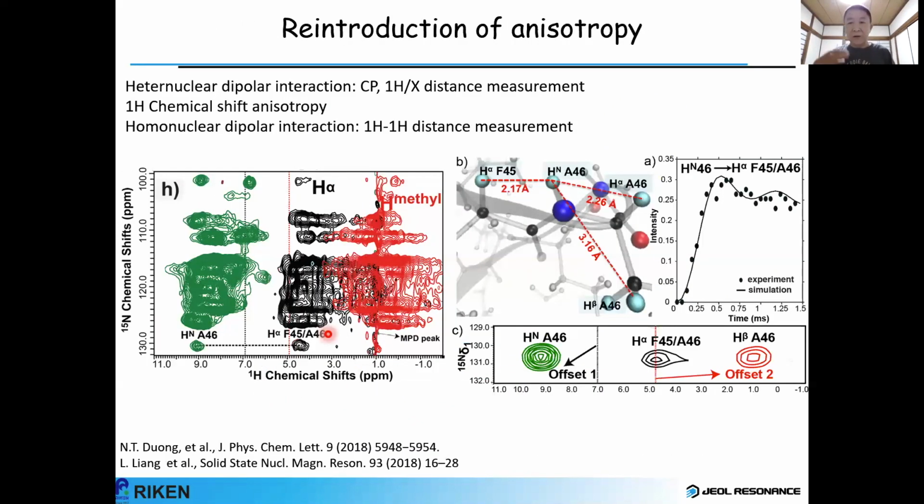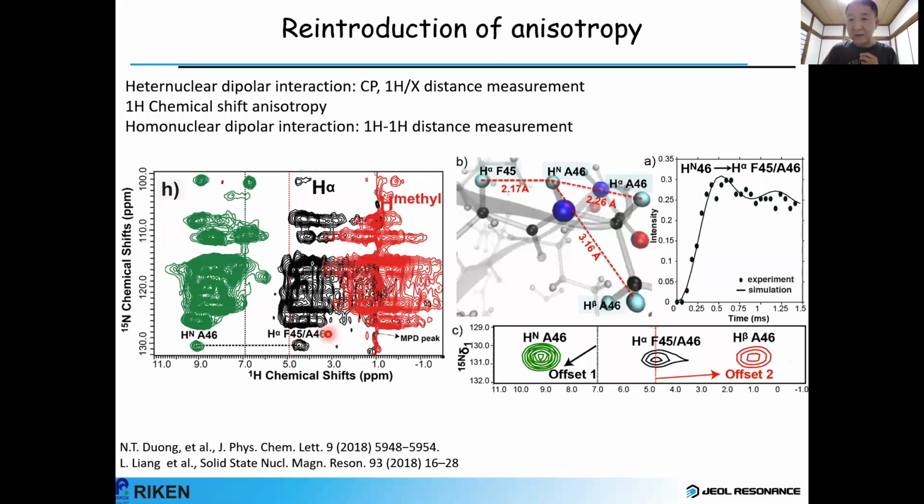Then there are many other experiments. As we discussed, fast MAS removes the anisotropic interactions. But we can reintroduce these interactions by rotor-synchronous irradiation. We already saw one example. In cross polarization, we utilize the heteronuclear dipole interaction.